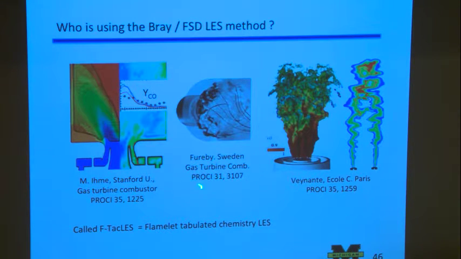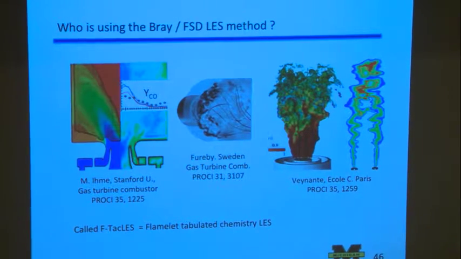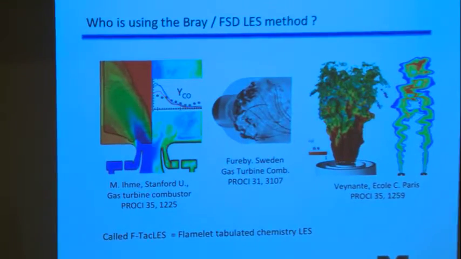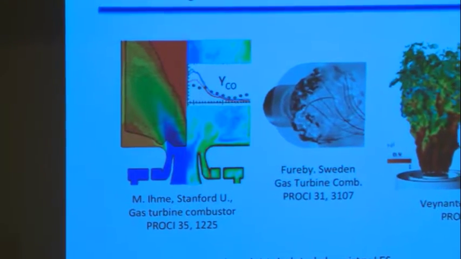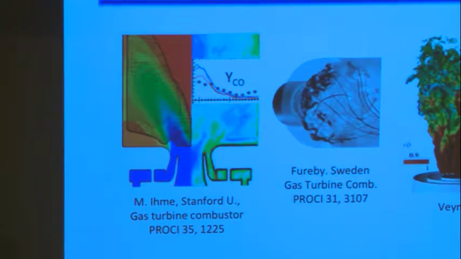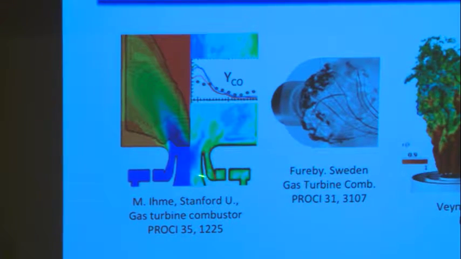This is one that he and a student worked on at Stanford. This is a swirling gas turbine type flame, but it's premixed. And it's one of the DLR canonical flames that they're studying in Stuttgart. And he modeled it.